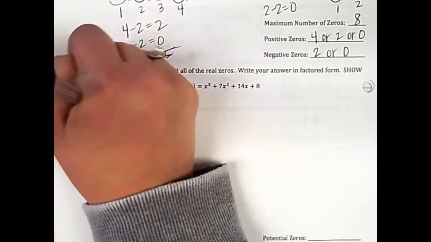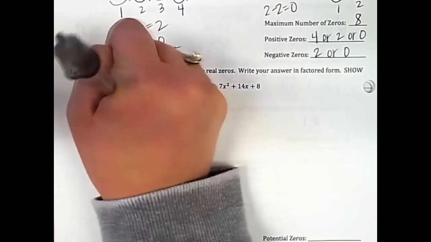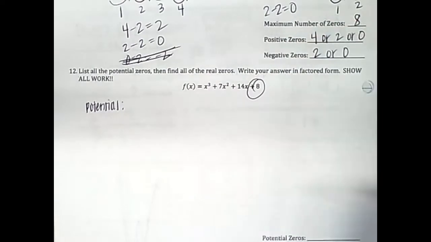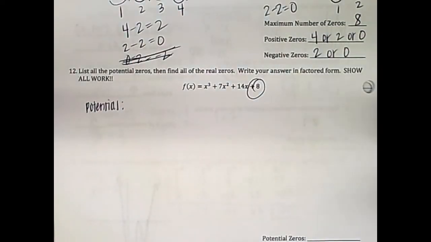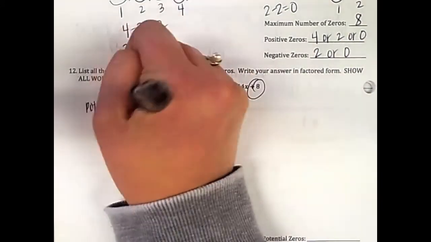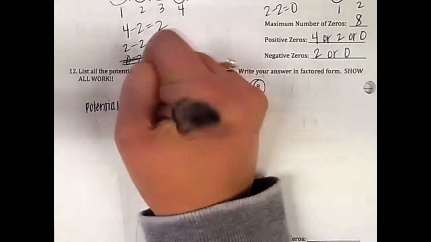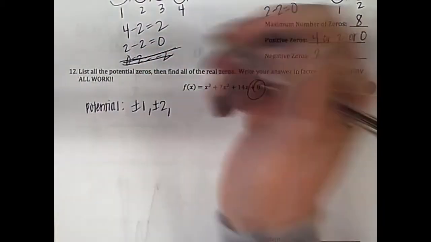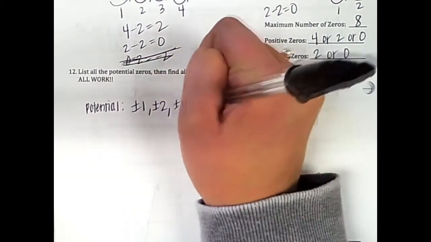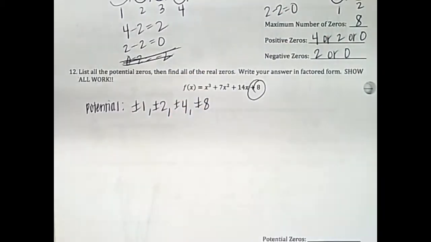So our potential zeros, remember, we are looking at all of the factors of the constant, which my constant is 8. It's whatever number doesn't have a variable attached to it. So my factors of 8: 1 goes evenly into 8, 2 goes evenly into 8, 4 goes evenly, and 8 goes in evenly.